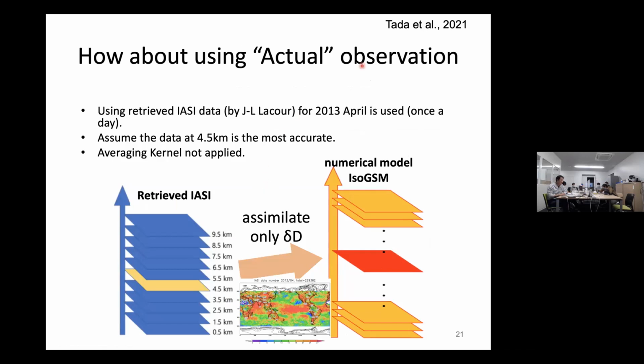So in this study by Tada et al., we first enabled to use actual ERZ data. So in that case, Jean-Lionel Lacour gave us actual measurements of ERZ delta D, and then we tried data assimilation using them.